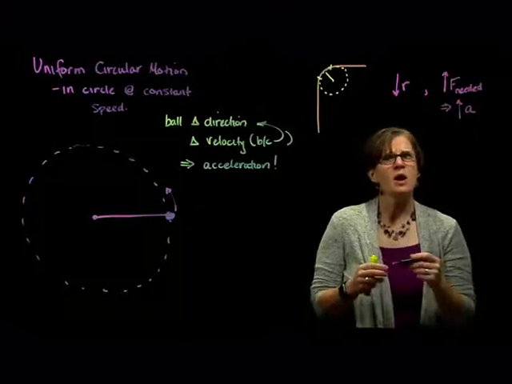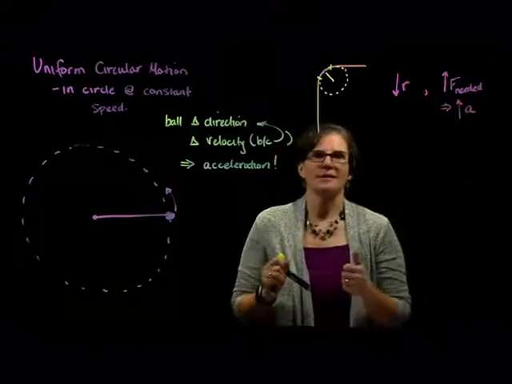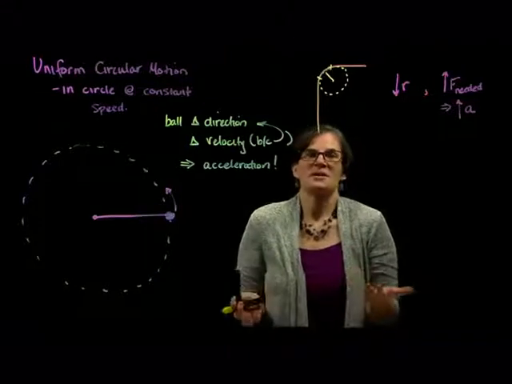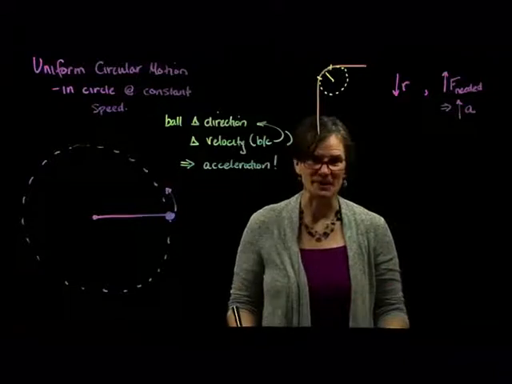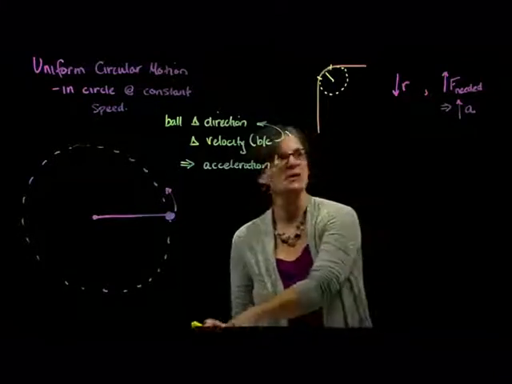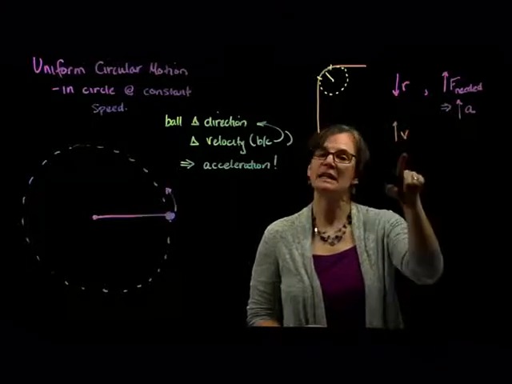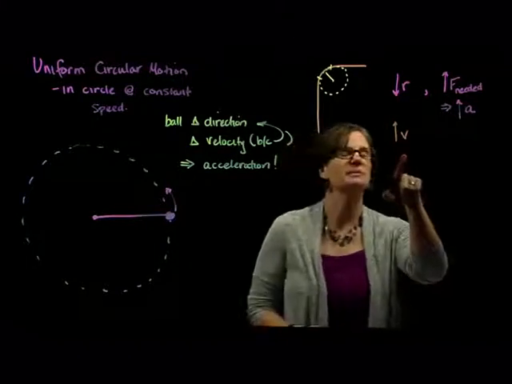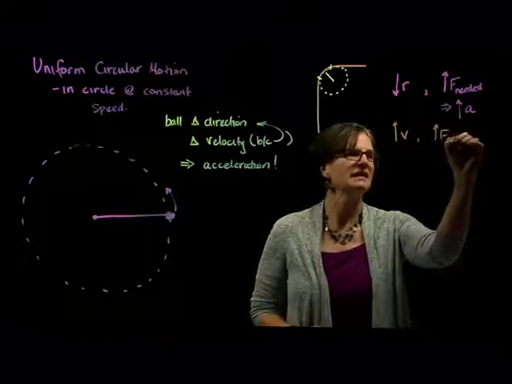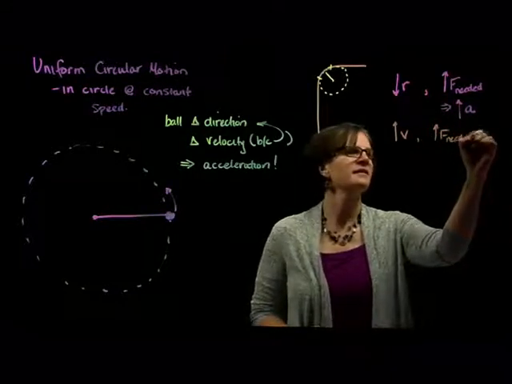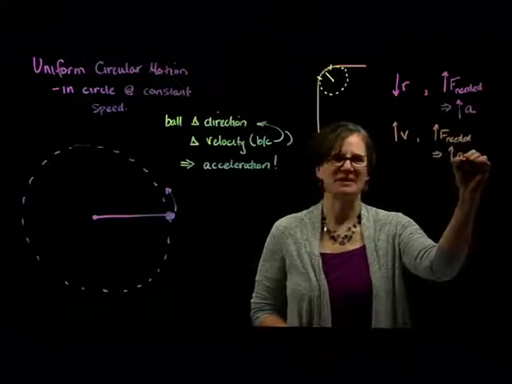All right. Well, what else makes it harder to turn around that corner? When we hit a corner, we tend to slow down, right? So if I'm going too fast, it also is harder to make that corner. So if I increase my speed, and I'm going to use v, it's not the vector of velocity, but just the speed, then I increase the force needed, the net force, which means I'm increasing my acceleration.